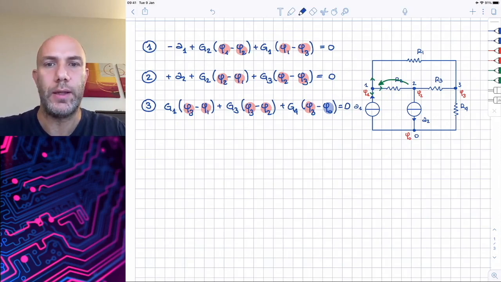We said that the reference value of node 0 is 0. So we have exactly 3 Kirchhoff current laws applied to 3 nodes with 3 unknowns. And since we have applied these equations to 3 different nodes, these equations are linearly independent.